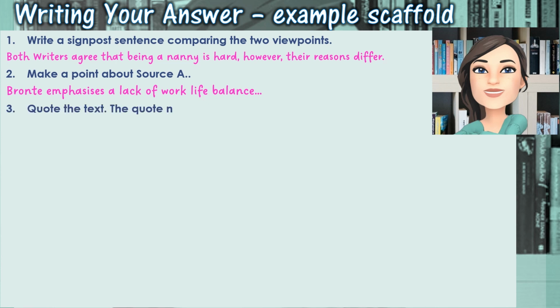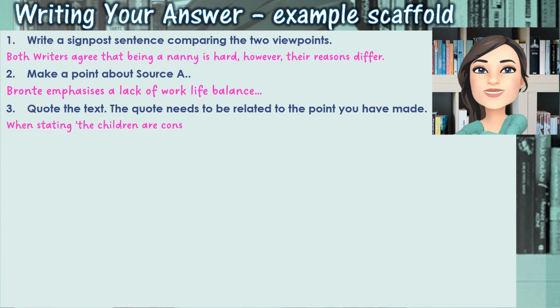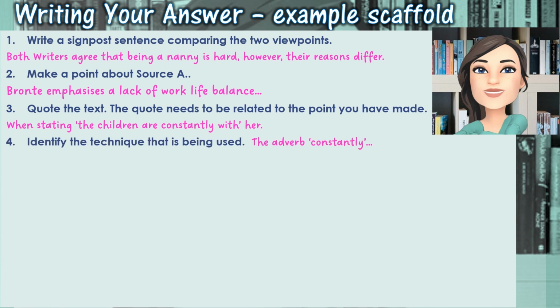Then step 3, quote the text, and this needs to be related to the point you've just made. So for example, when stating the children are constantly with her, then step 4, identify the technique that's being used, the method or the tool, the adverb constantly.